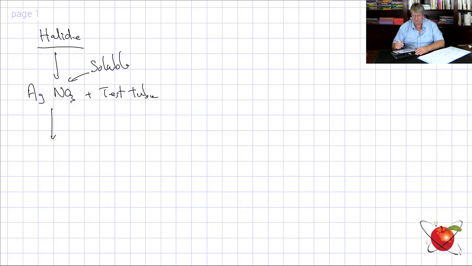When we put in the silver nitrate, remember this is soluble, isn't it? But if you go back to your solubility tables, silver plus any of the halides is insoluble in water. So if there's a halide, we're going to have Ag+ and NO3-, which I'm going to put as aqueous and aqueous.